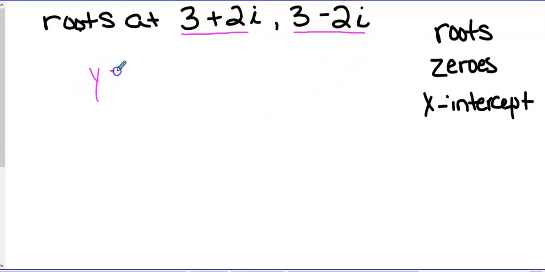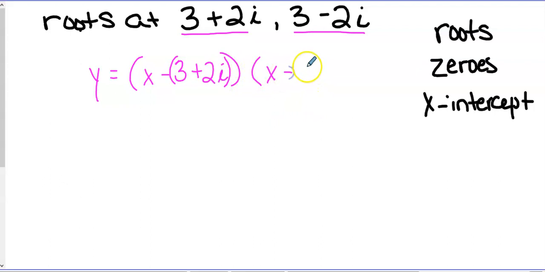Then you would write this, y equals, and then you would write x minus 3 plus 2i. And we'll put this in parentheses because it's a little bit easier to see. And then you would have x minus 3 minus 2i. It's always minus the roots.